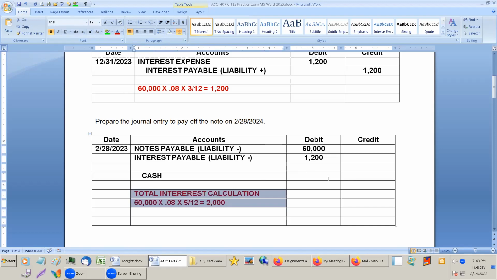Okay, so our cash, we're going to pay the principal plus the total interest.